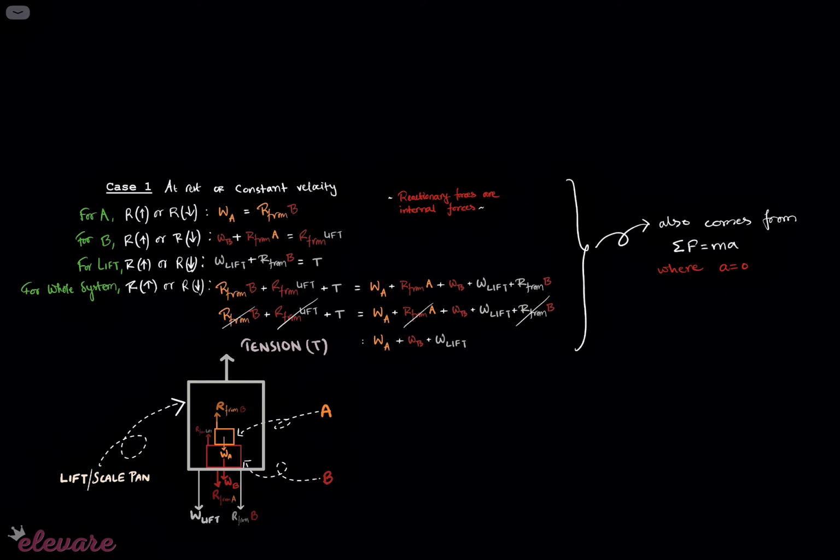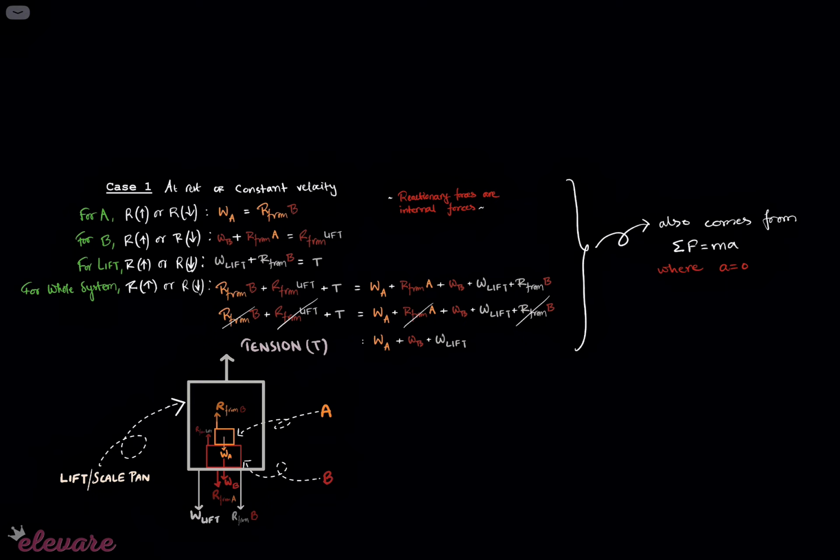In reality, when it is actually connected to another object and the string is supposed to exert a force on the object, that force is always going to be the reaction force instead of the tension. We just say it's tension because the tension throughout the string or cable just happens to be equal to the reaction force that it exerts on the lift. You have to know that. Isn't that important? They wouldn't ask you about this, but I feel like it's good to know. It's going to help you in physics as well.